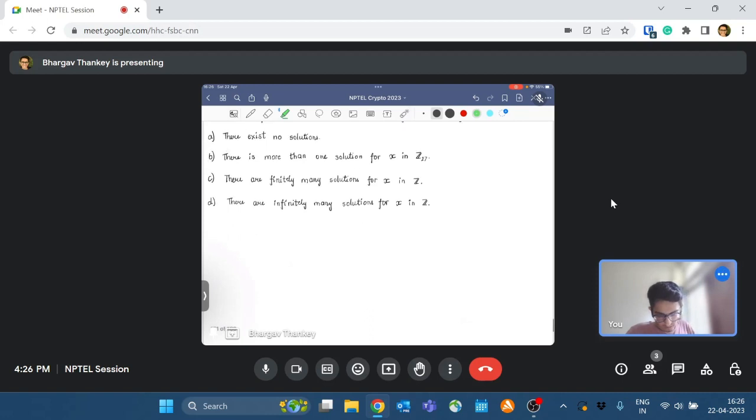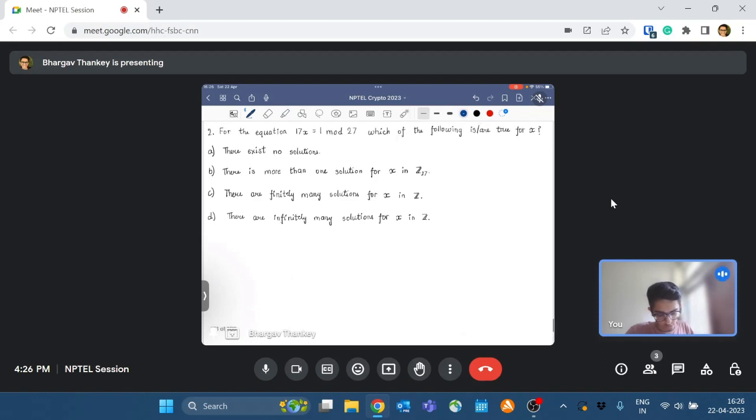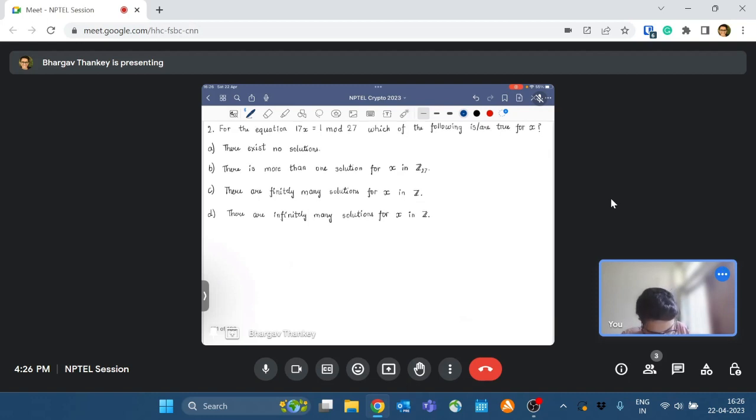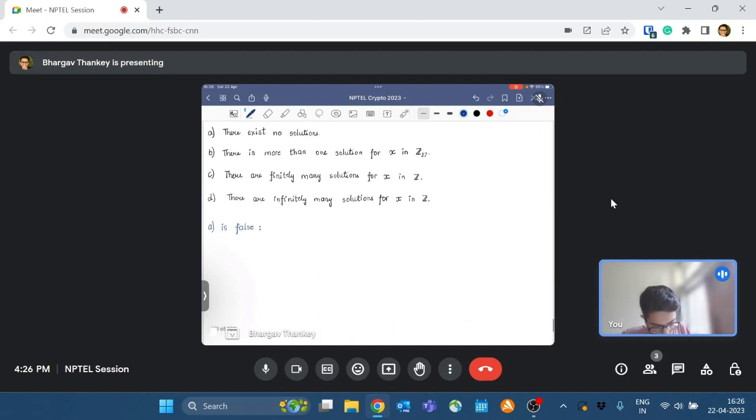Okay, so let's go over this option by option. In the first option, we have that there exist no solutions. Well, this is false because we have 17x is equal to 1 mod 27.